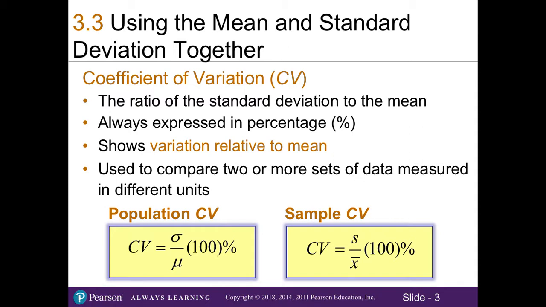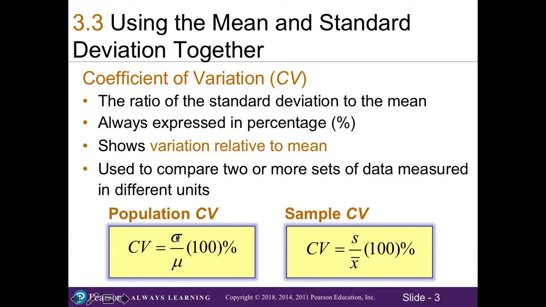And you'll notice that the formulas are very similar, except that they use different Greek letters depending on what we're talking about. Under the population CV, we see sigma, which stands for the standard deviation of the population, and we see mu down below, which is our population mean.